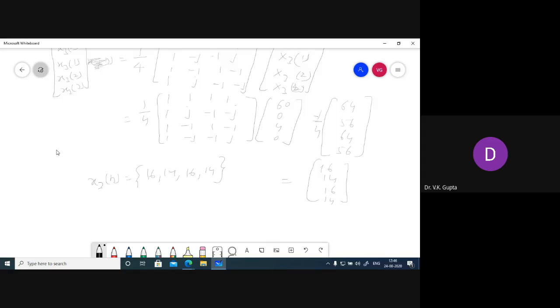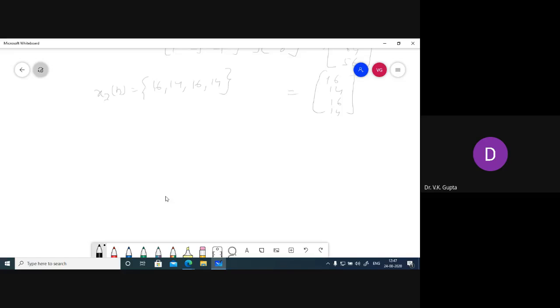Then again the IDFT of this DFT multiplication will give you the circular convolution of these two sequences. Is this okay?